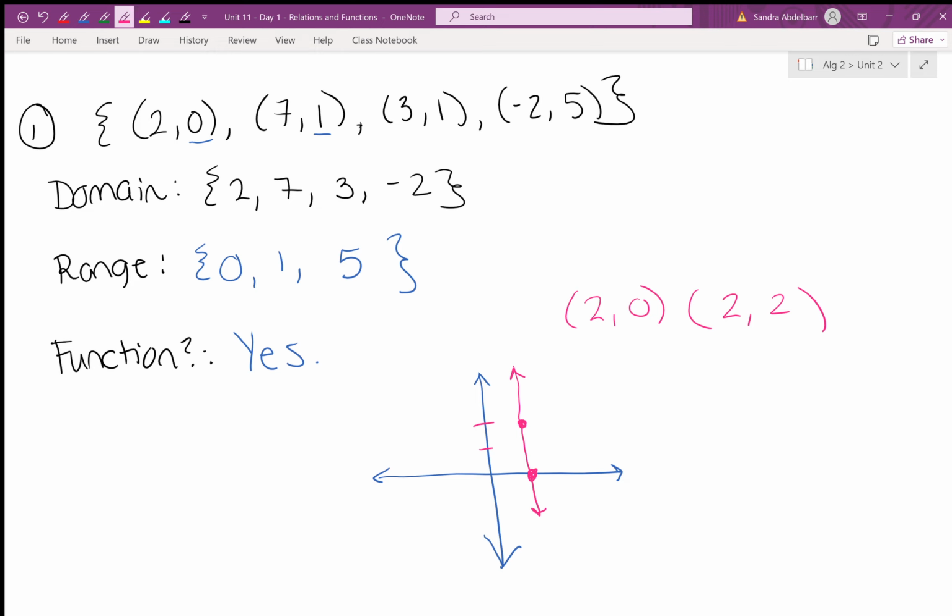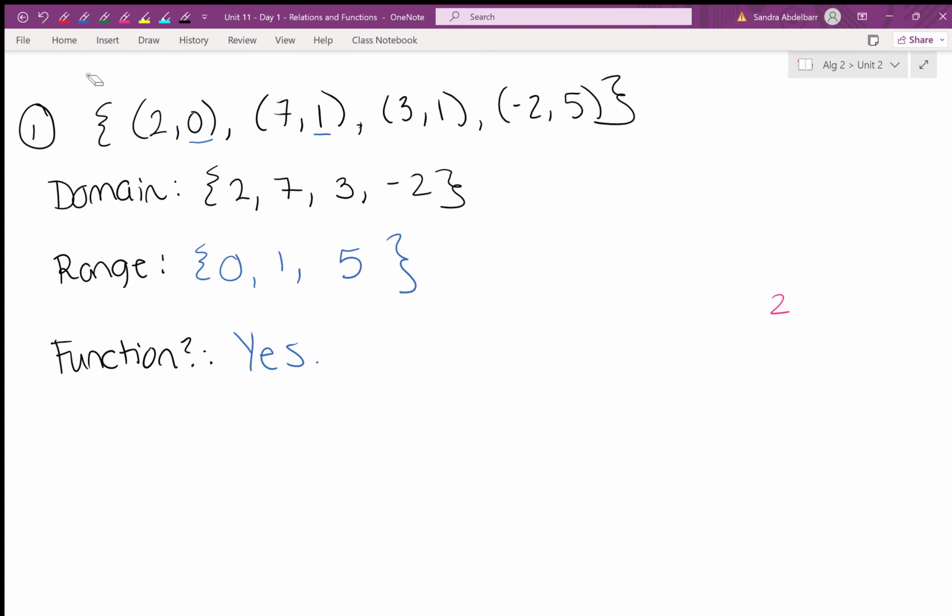So how can we tell if a graph is a function without looking at all its coordinates? There's something called the vertical line test. All right, so let's write out the vertical line test.